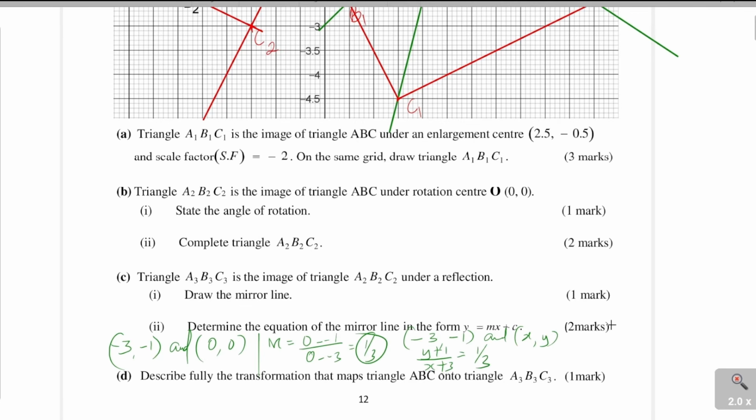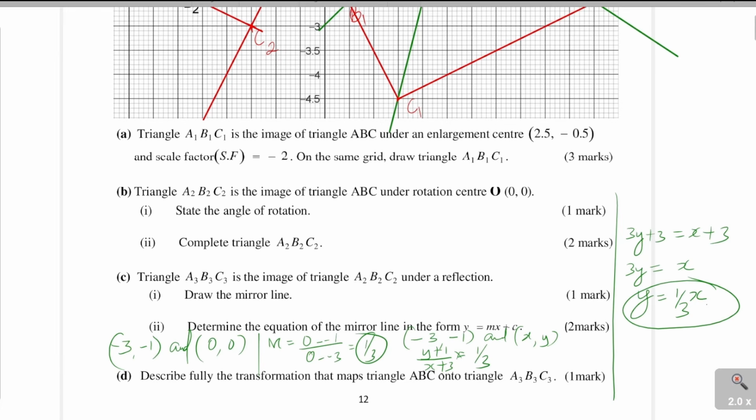So let me continue with the working here. Cross multiply: 3y plus 3 is equal to x plus 3. So 3y is equal to x, and then y is equal to a third x. So that is the equation. Just identify 2 points, then get the gradient and get the equation.